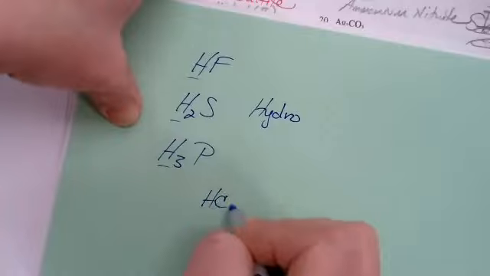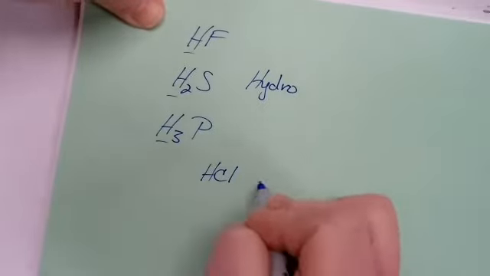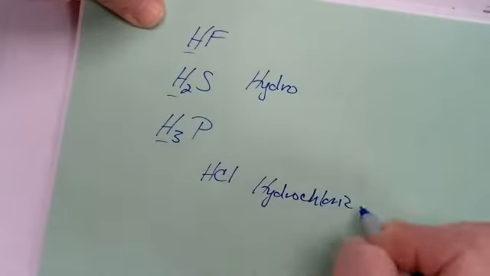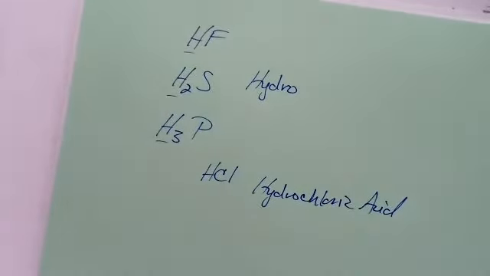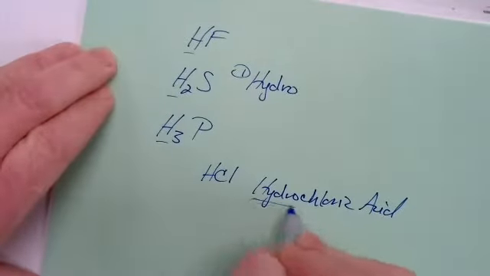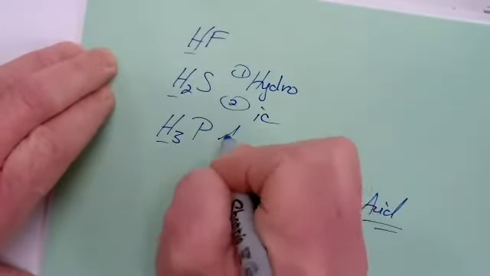I think HCl is probably one of the most well-known acids to the average person. That's hydrochloric acid. We can rely on that well-known one to remind us, we need the prefix of hydro, the ending of ic, and the word acid.